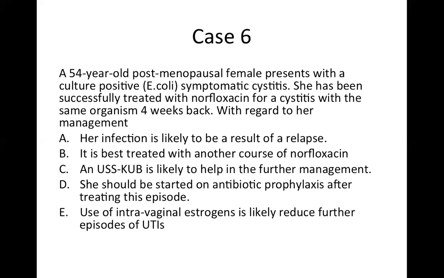Third response is ultrasound scan KUB. The majority of you have selected that answer. But it's important to realize that the majority of patients in this age group, perimenopausal or post-menopausal females, 54 years is not that old, especially if they don't have other risk factors like neurological problems or diabetes, ultrasound scan KUB is unlikely to be useful, because they don't usually have any anatomical problems.